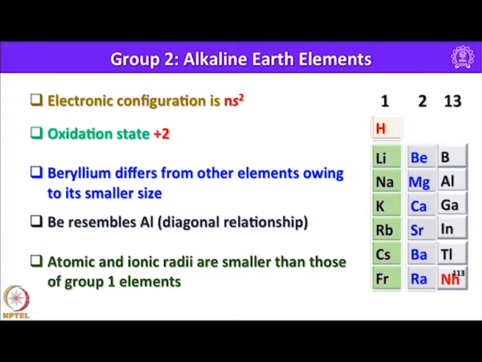And beryllium resembles aluminum. We introduced their diagonal relationship, and atomic and ionic radii are smaller than those of group 1 elements. And of course, alkali metals have the largest size in the row, and francium is the largest atom known, and helium is the smallest in the periodic table out of 118 elements.